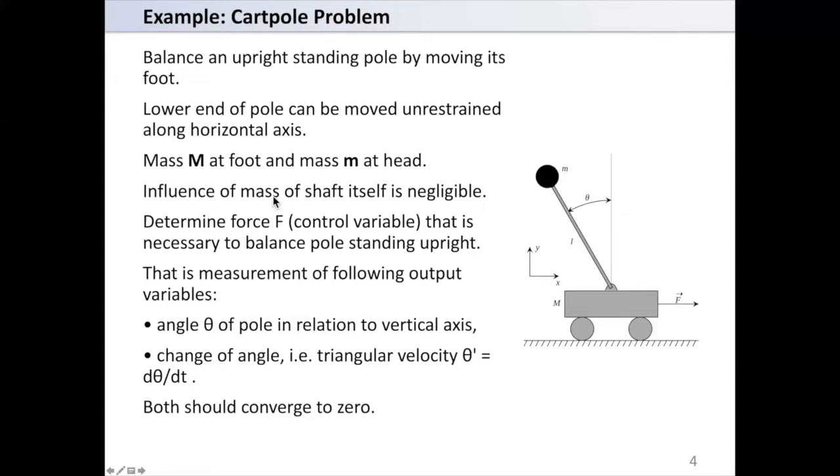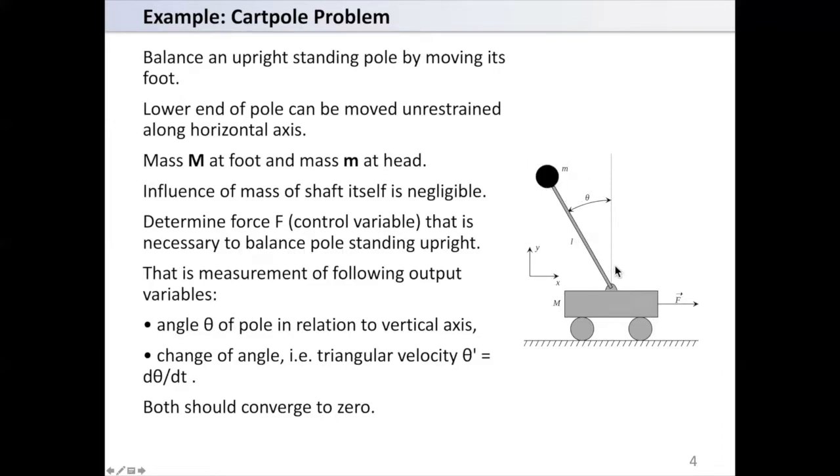The influence of the mass of the shaft itself is negligible. The length of the shaft is L. It is required to determine force F, which is the control variable, that is necessary to balance the pole standing upright.